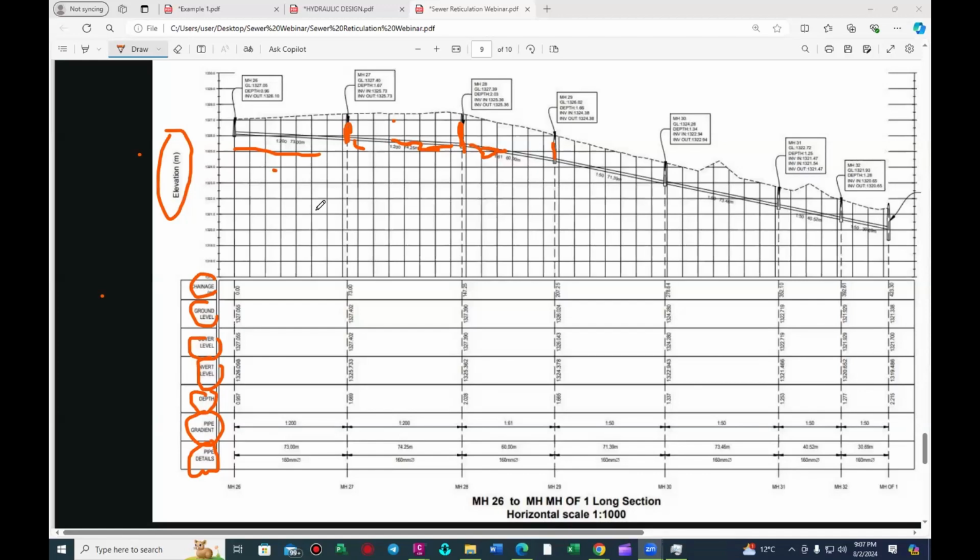What methods can be used to quantify and mitigate the effects of infiltration and inflow using sanitary? That's a good question. Well, I can simply say, tighten up all the joints in the system. Just make sure that all the joints are sealed and quite tight, and also make sure that your manholes are also quite tight as well, right?